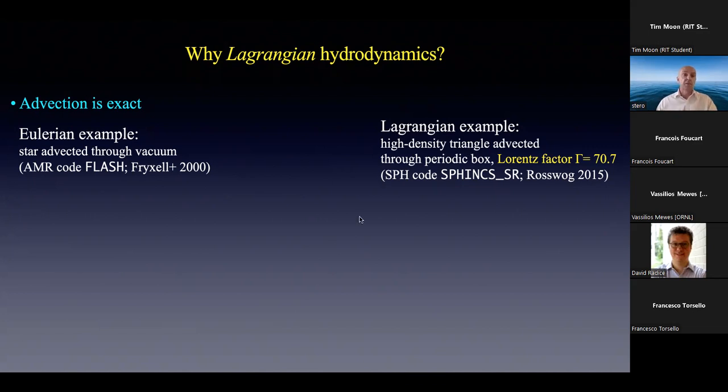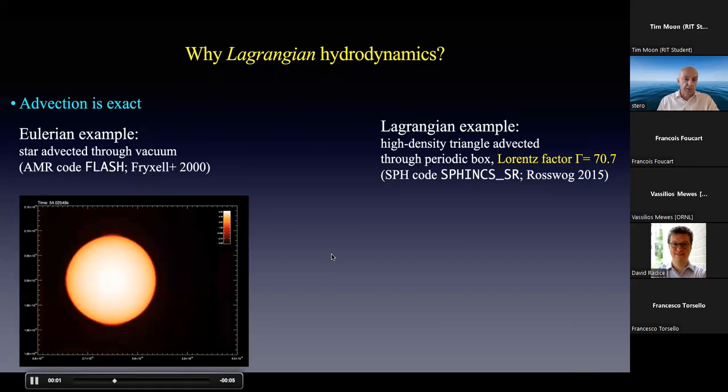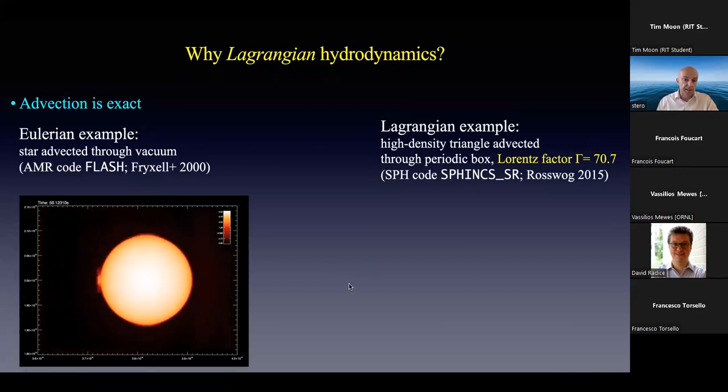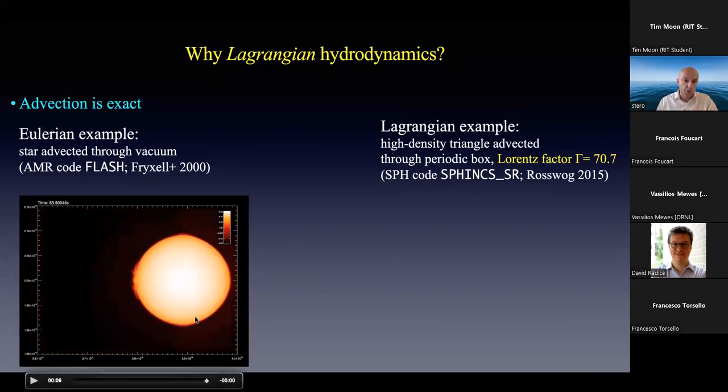And just an example. What I'm showing in the first example here is just a single star that is set up in hydrostatic equilibrium. And then you don't do anything apart from just transporting the star across vacuum. And you see what's happening here. So the star, you see it's starting to get a bit deformed.